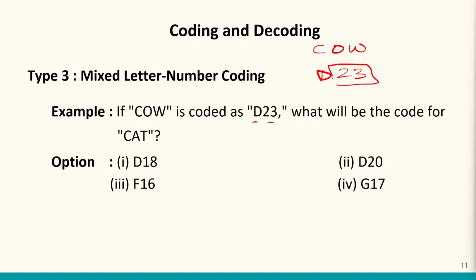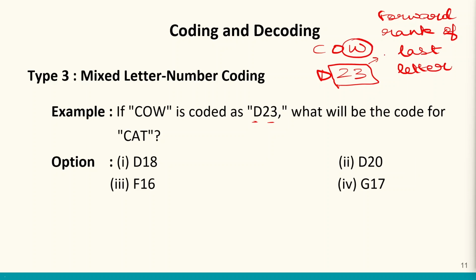So this number represents the forward rank of the last letter. And this letter, I can say, is one position forward from C. So this letter is one position forward from the first letter, right?